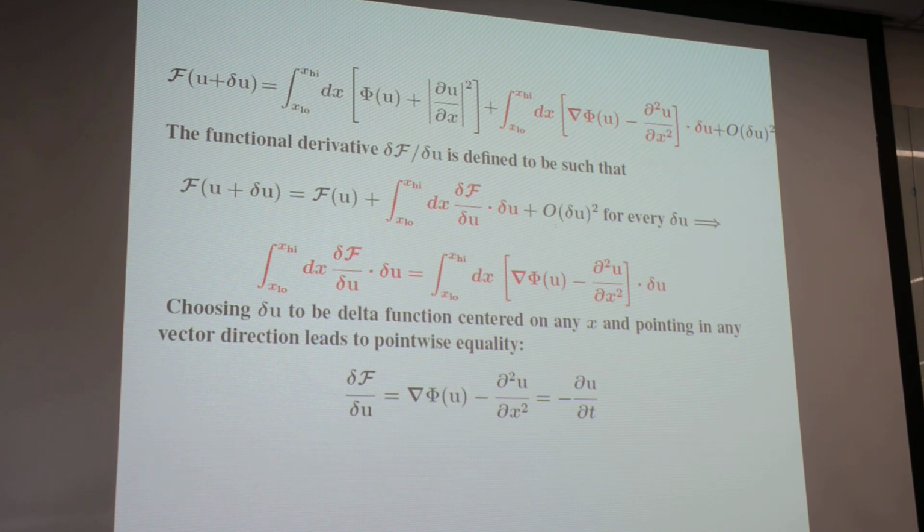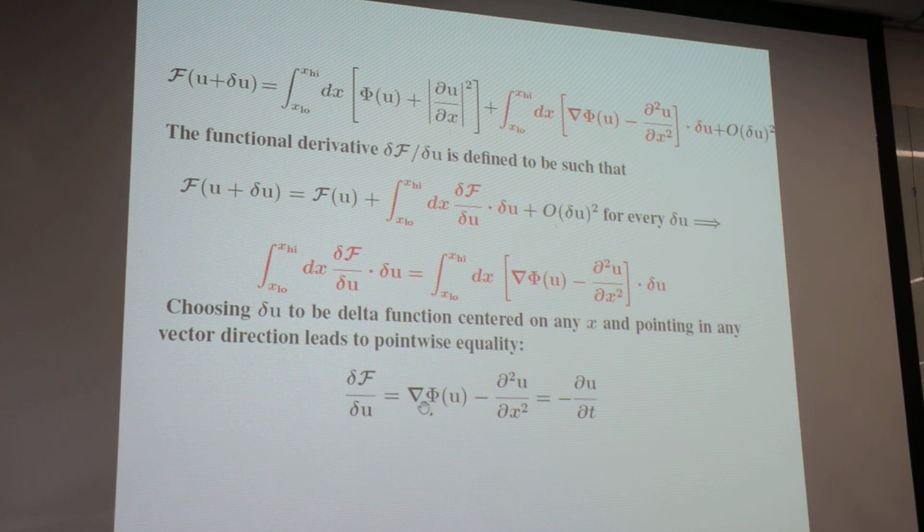And delta u can have any nature. You can see that if this equality is satisfied for every point x, for every possible perturbation delta u, then it must be satisfied in general at every point. Okay, because this thing could be a delta function at every point in space.